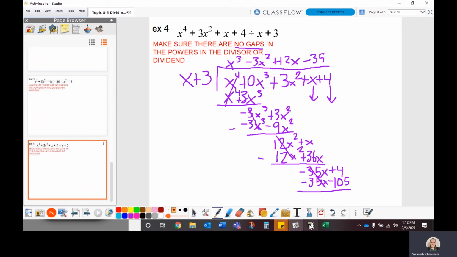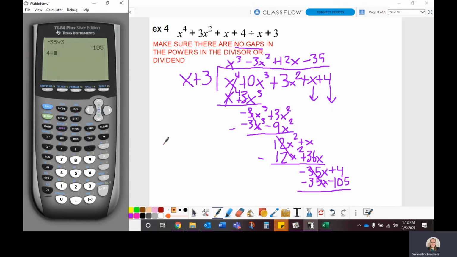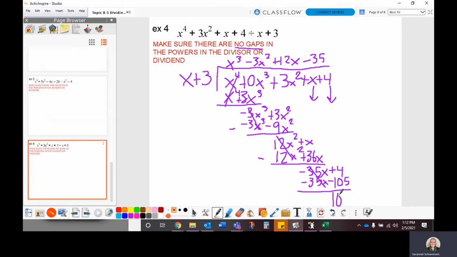Those cancel, and then back to our calculators. We're going to have 4 minus negative 105. Gets us a positive 109. And that is our remainder.